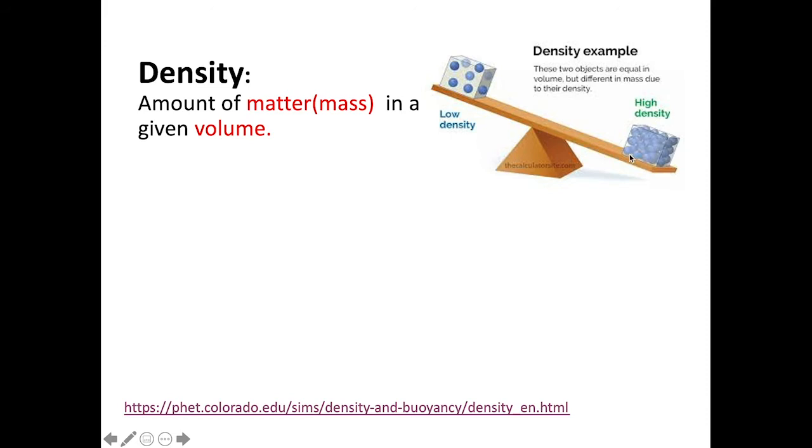So this one is tightly packed. So this object is a lot heavier. It's very, very dense. Everything's tightly packed. This one over here is a lot lower density. The objects are very, very separated. So it's the amount of matter in a given volume. So these volumes are the same, but this object is less dense, less heavy than this one.